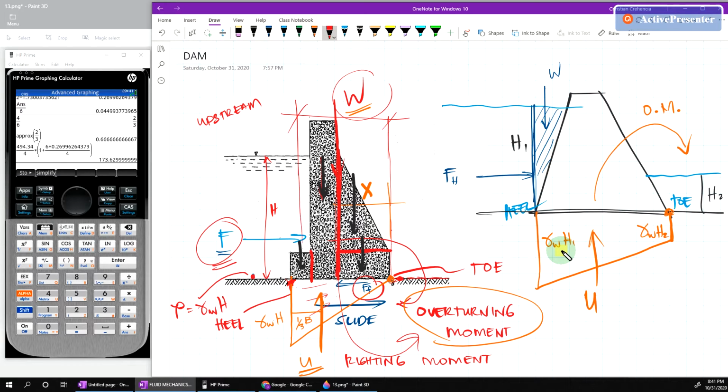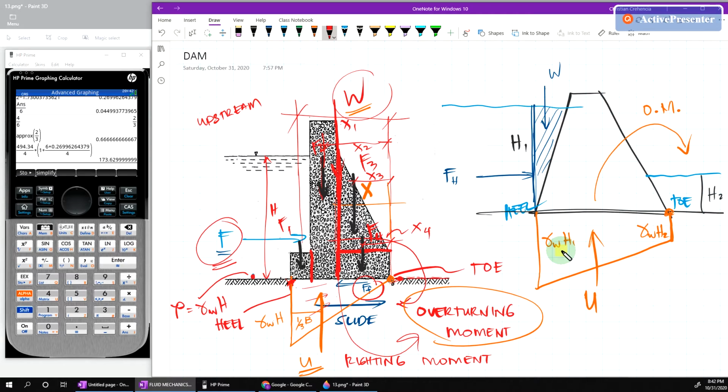Okay? So if this is F1, F2, F3, F4, then this is X1. Ito naman is consider kong X2, X3, then this is X4.